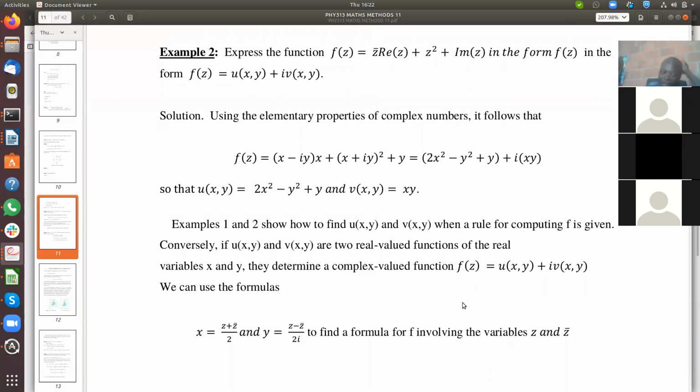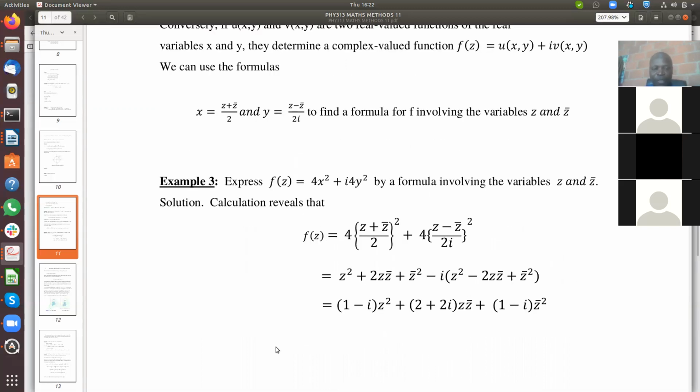So what you need to keep in mind is that x can be expressed as z plus the conjugate of z divided by 2, and y can be written as z minus the conjugate of z over 2i. So these two terms are what you need to solve such problems.